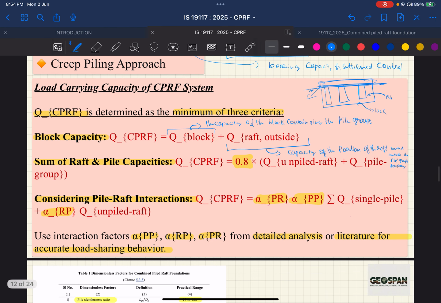In the next stage, the next criteria is the sum of raft and pile capacity, which is QCPRF equal to 0.8 into Q unpiled raft plus Q of piled group.